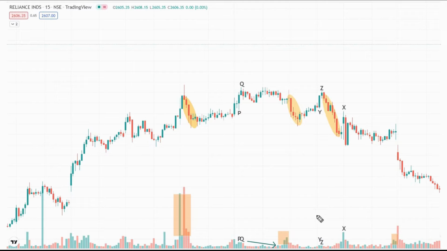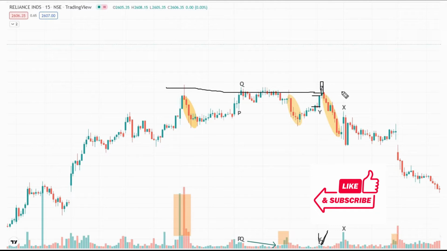See, with this volume, prices have moved from here to here, and then on the next candle, with a similar kind of volume, prices have just moved from here to here. So this is again indicating supply pressure, because if this was all buying pressure with this kind of volume, then prices should have formed a candle like this and broken this important resistance zone and continued the upward momentum, but that's not the case.